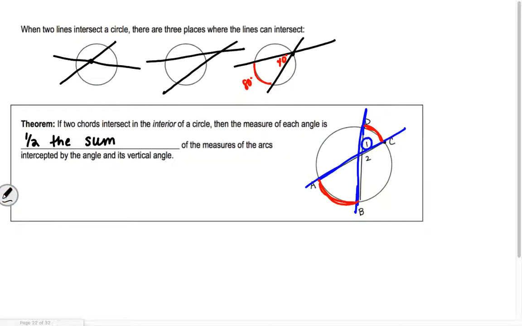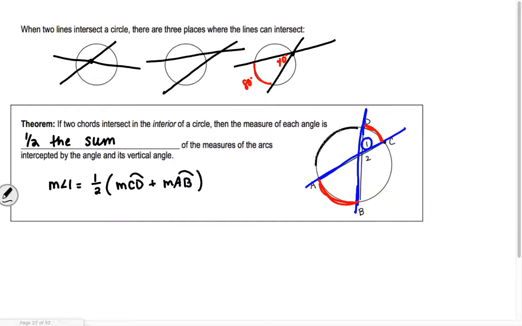So angle 1 is going to be half of the sum of the measure of arc CD added to the measure of arc AB. But what about angle 2? Angle 2 is a little bit different. What are its 2 intercepted arcs?